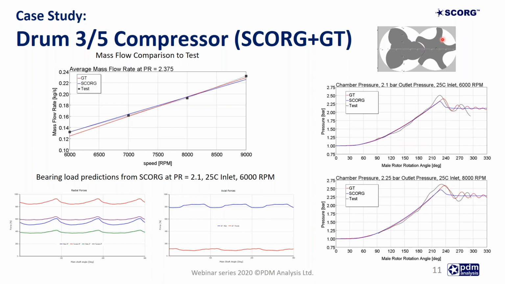It can be observed that the alignment of both models with experiment is very good. Additionally, the GT model, which uses 1D flow calculation for ports, provides an idea of the oscillations at the discharge of the compressor. Bearing forces are calculated based on the performance predictions from either SCORG or GT-SUITE and are used for selection of bearings.